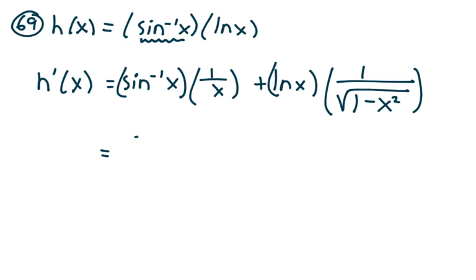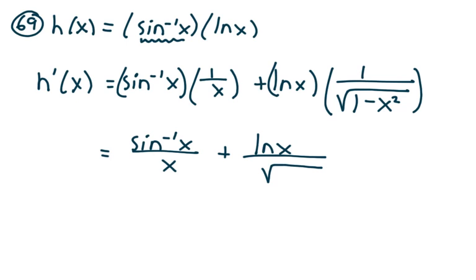And so this is arc sine x divided by x plus natural log of x divided by square root of 1 minus x squared. And many instructors, I would say, probably like a common denominator here. And so if that were the case, you can write it this way.